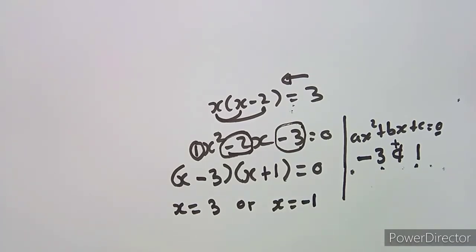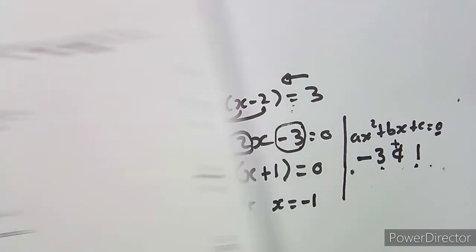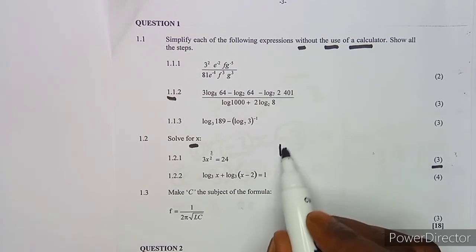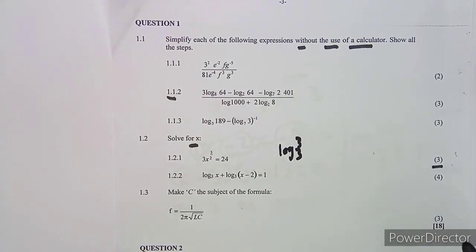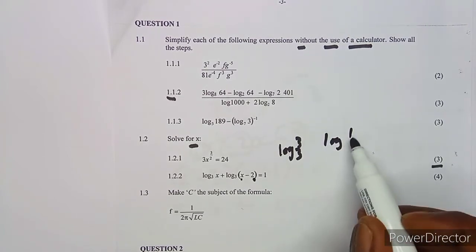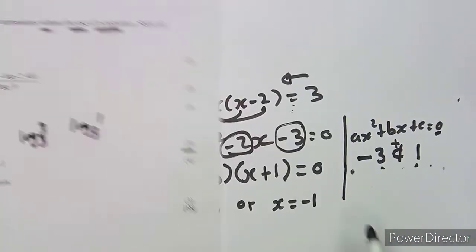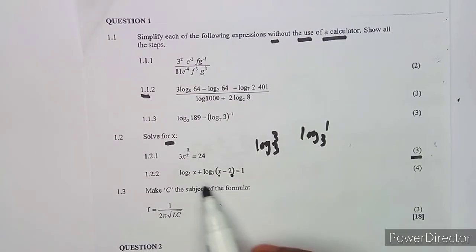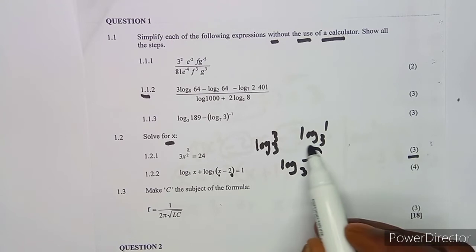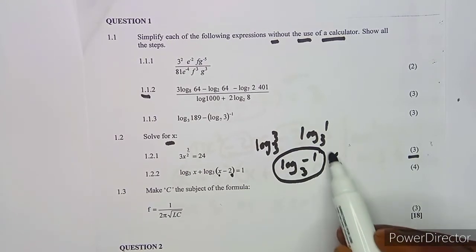But we are working with a log here, guys. Let's get back here. If we substitute 3, this is going to be log 3 base 3. Yes, it makes sense. 3 minus 2 is going to be log 1 base 3. But if we substitute minus 1, look at this stage, it's going to be log minus 1 in base 3, which does not exist in math.